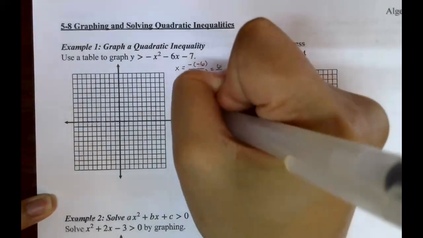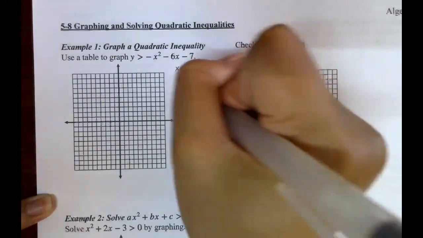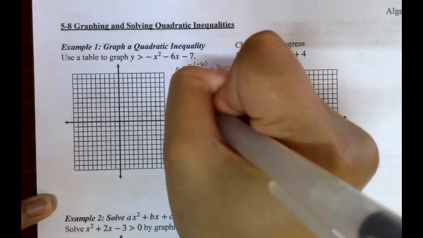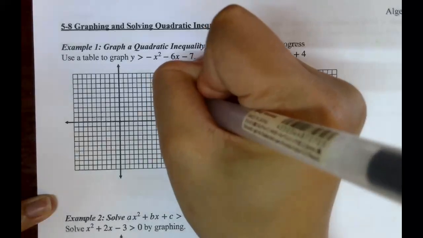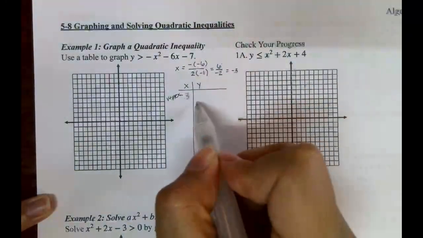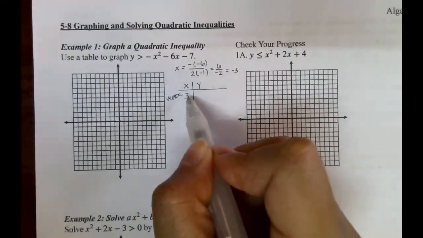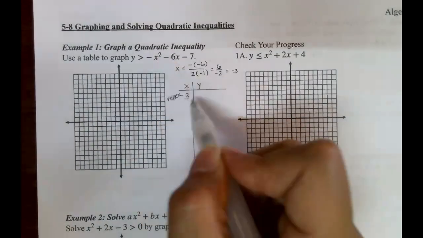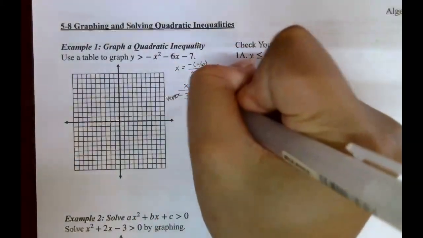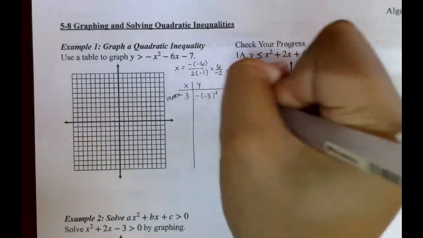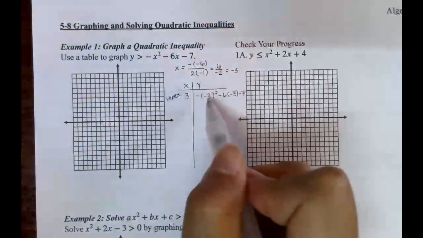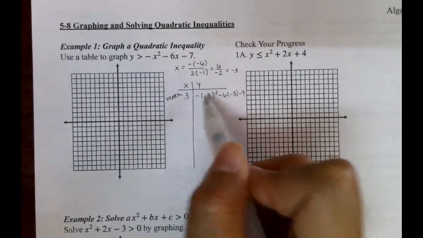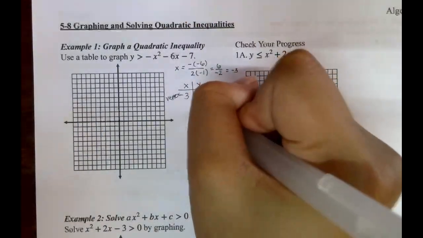And then here, I'm going to make my table, starting with negative 3, since that's my vertex now. And we're going to keep going. Okay, so here there isn't as much room to show my work, so I'm just going to do it for the first one, and then I will talk us through the other ones. Okay, so negative 3 squared is 9, so negative 9.